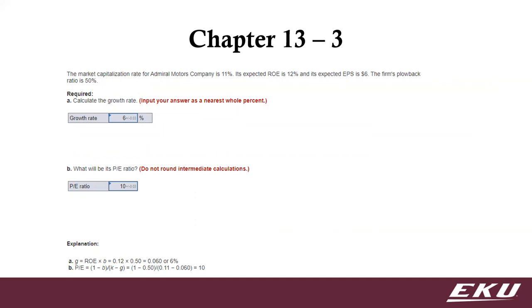And then since the plowback ratio is 50%, that means we keep 50% and put it back into the company. So it's this 1 minus the dividend ratio. So if ROE is 12 and they're keeping half of it, then they're going to grow at 6. And then the PE ratio based on what those growth rates are and that plowback.